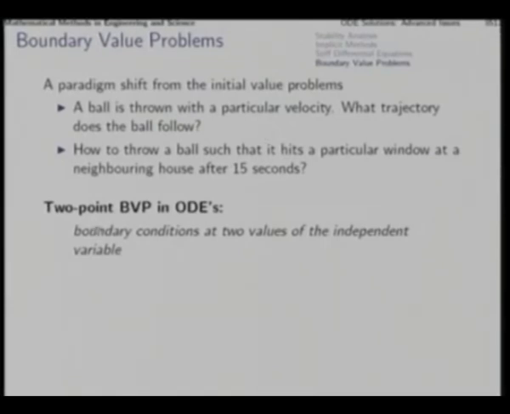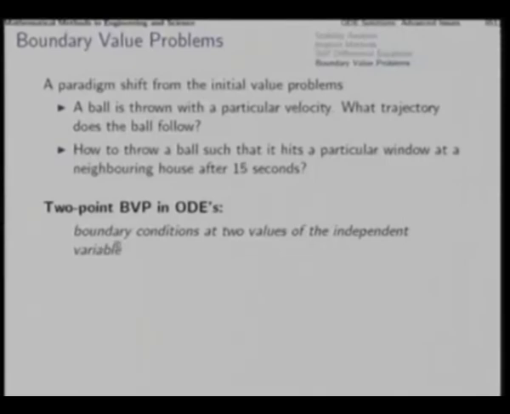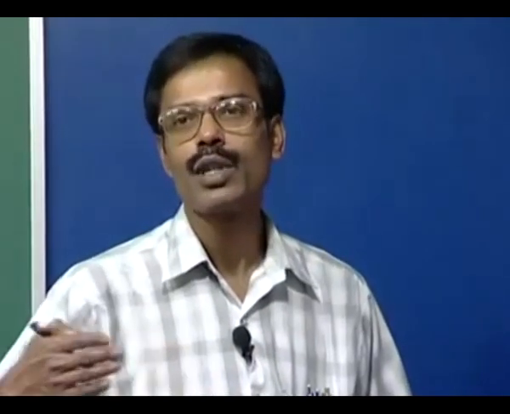So, in this kind of boundary value problems, the conditions are given at 2 points, 2 values of the independent variable, as here. So, boundary conditions at 2 values of the independent variable will signify a 2-point boundary value problem. The number of conditions could be dispersed even at more than 2 points.